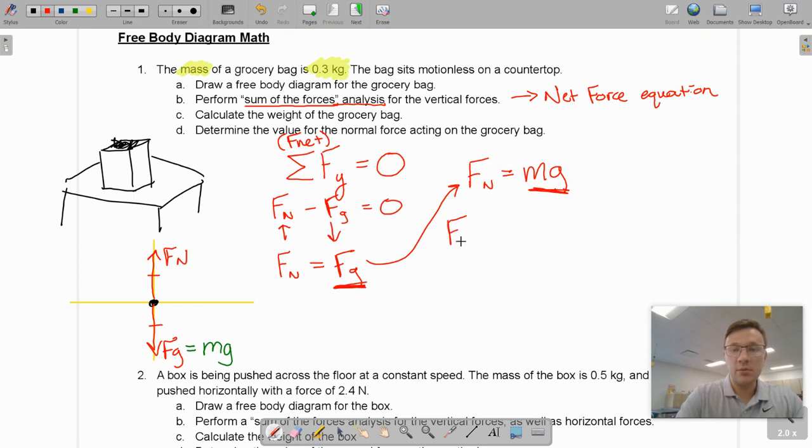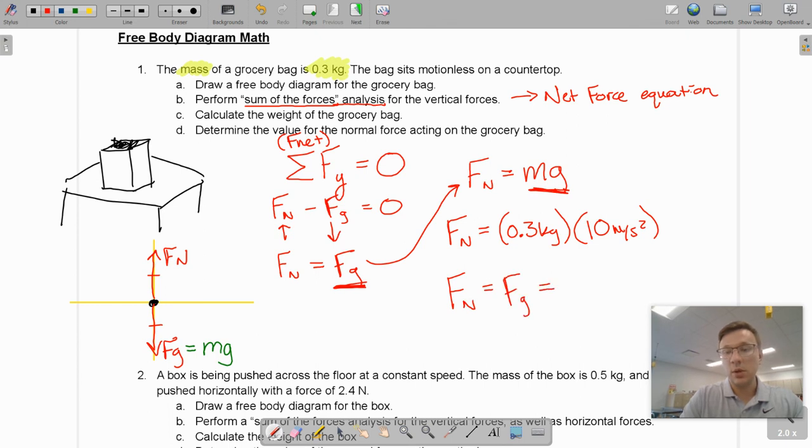Okay. So now normal force is equal to 0.3 kilograms multiplied by the acceleration due to gravity, which remember is always 10 meters per second squared. And then we can find out that Fn, which is equal to the weight of the bag, is equal to 0.3 times 10, which would simply be 3 newtons.